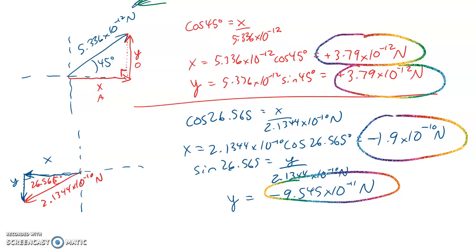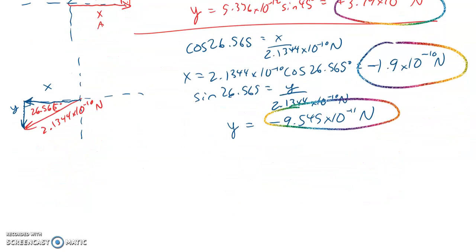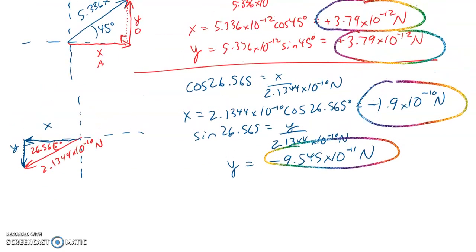So if you do that, I'm not going to write it all out just for the sake of time, but if you add this number for the one x component to the other number for the x component, you get a total force in the x direction of negative 1.8711 times 10 to the negative 10th newtons.